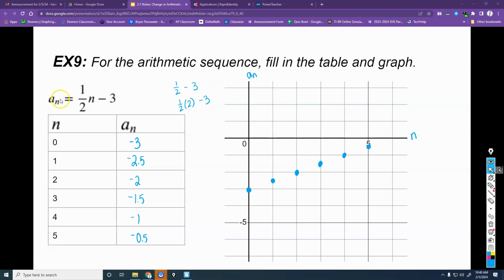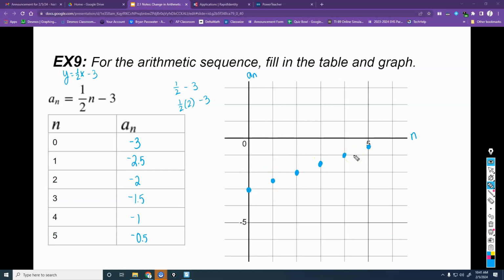But you'll notice here, if we think of this as a line, y equals 1/2 x minus 3, what's the y-intercept of that line? It'll be down 3, which is where it intersects the y-axis here. What's the slope of that line? 1/2, and that is what I'm doing here, going up 1 over 2, up 1 over 2, right?